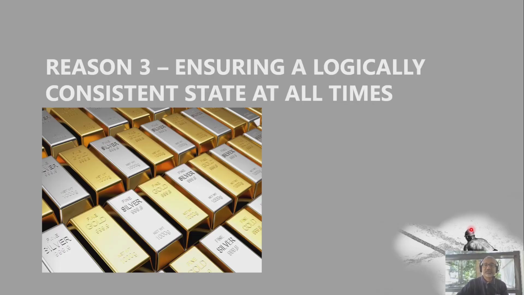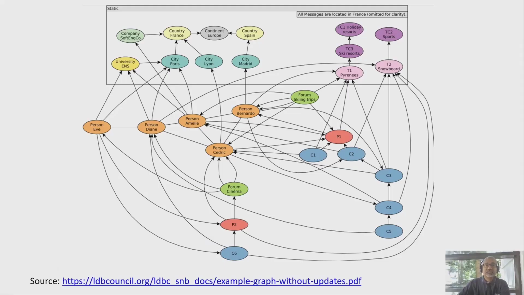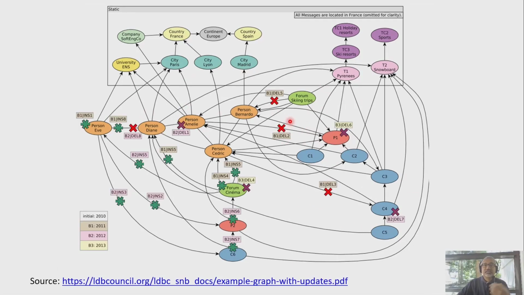When dealing with graphs, we also have to consider that a graph is also sometimes subject to the same kinds of data consistency and integrity requirements that you have with any other kinds of relational data. So for example, you may have a social network and it starts with a bunch of people, the cities that they're located in, the posts that they've made. Over time, these characteristics change. The relationships between those things may change. So for example, a person may have posted a particular forum post which they subsequently delete.